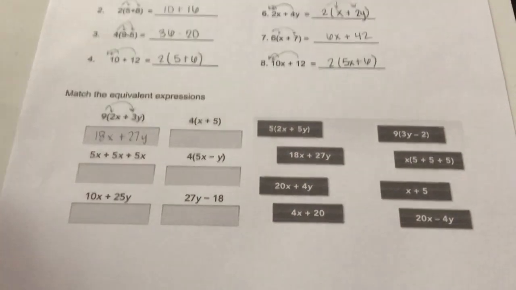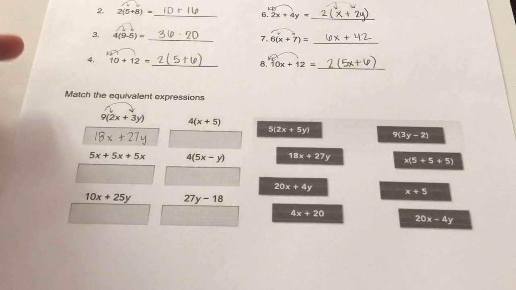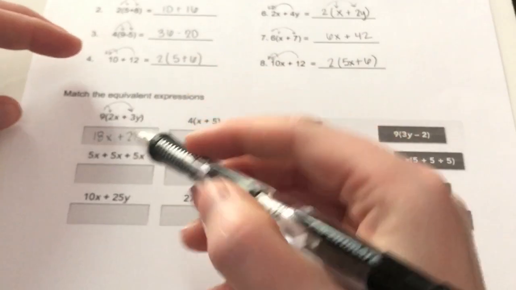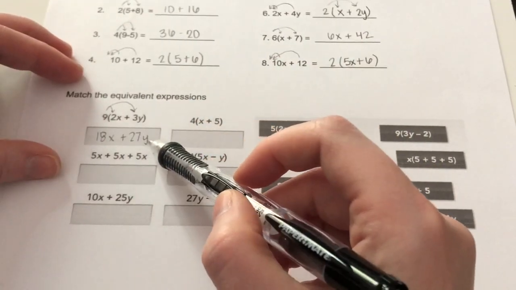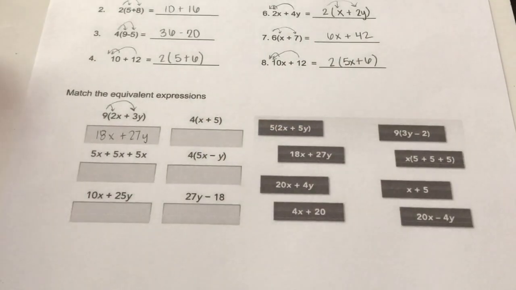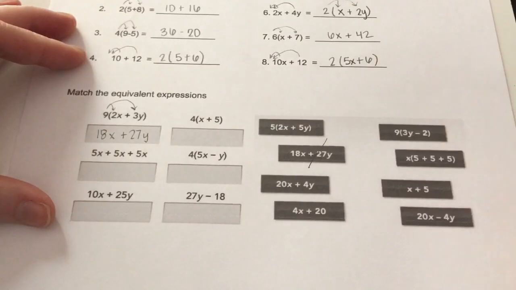Remember, these variables just stand for numbers that we don't know. What I have here is 18 times x plus 27 times y. Without knowing what those numbers are, that's all of the math that I can do there. And is that one of my choices? Yes. Great.